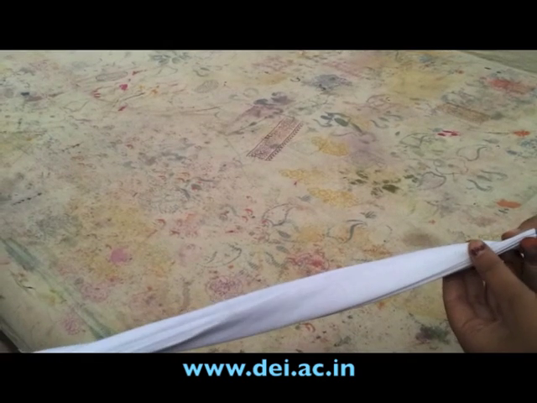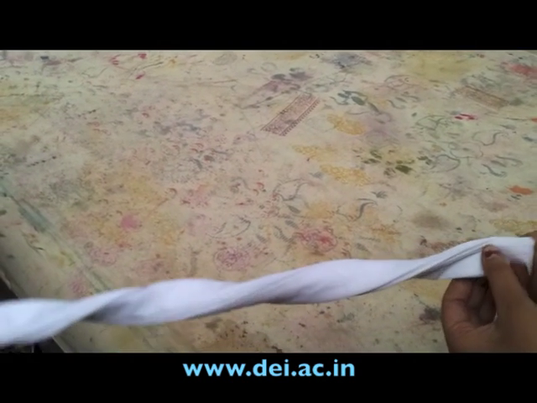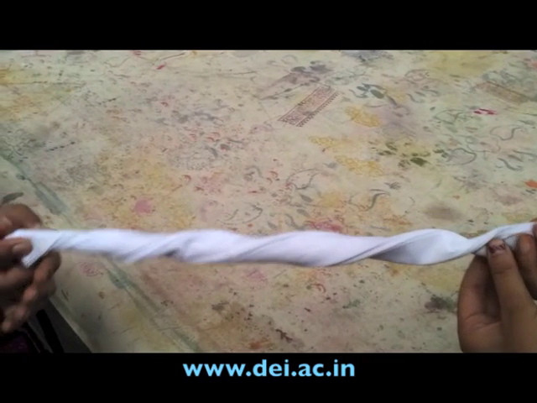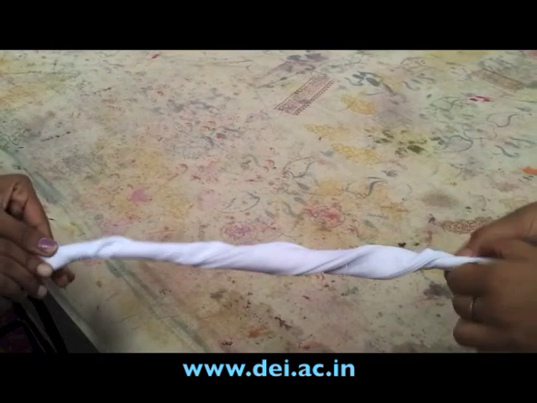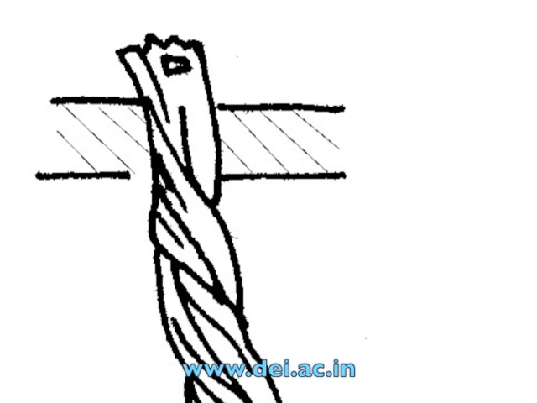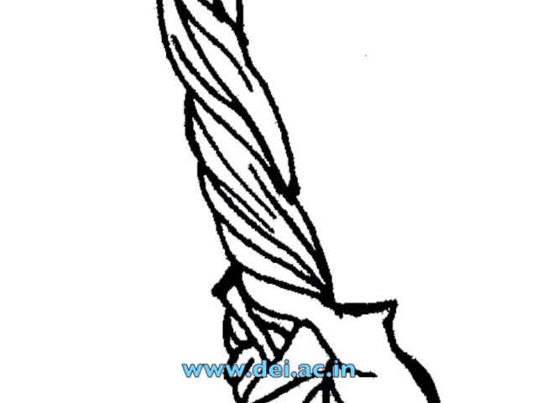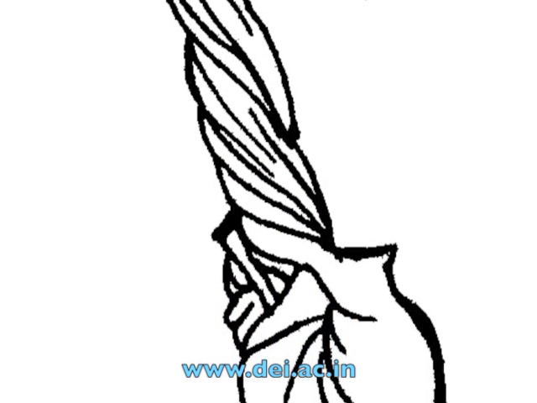An end can be held in either hand while the tube is twisted into a cord. Another method is to attach one end to a stationary object and then proceed to twist the tube until it begins to coil back on itself to make a cord.